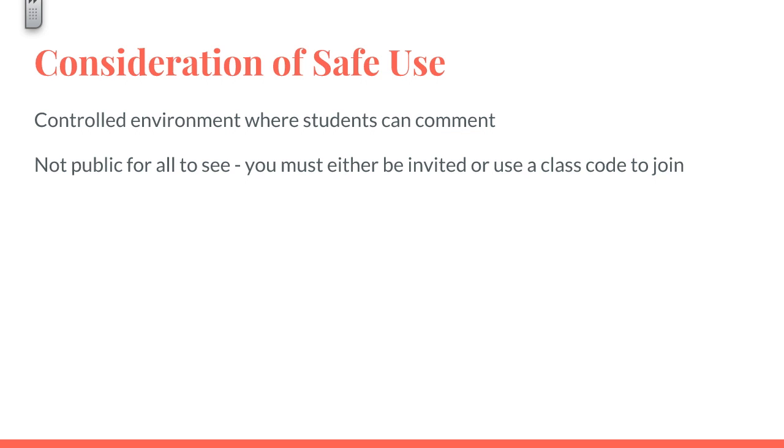It's really nice because it's not public for all to see. To be in a Google Classroom, you either have to be invited by the teacher or you have to get the class code to join from the teacher. So it's very controlled. It's not some public place where they comment and later realize, oh my gosh, the whole world can see.